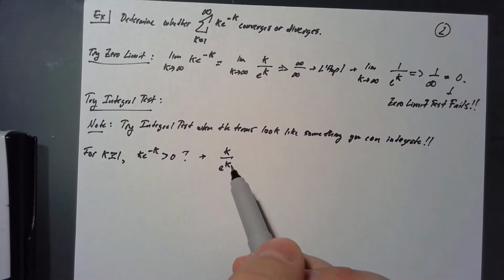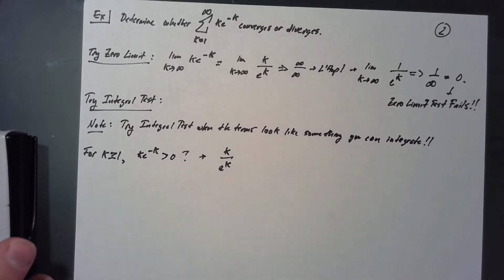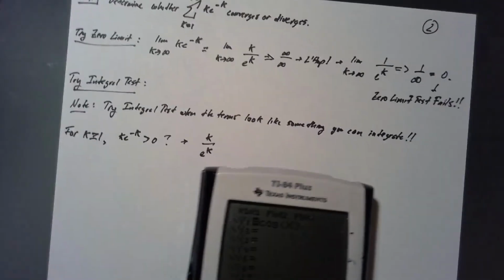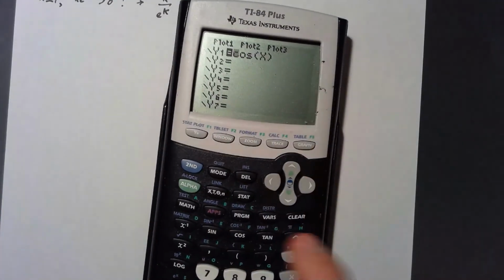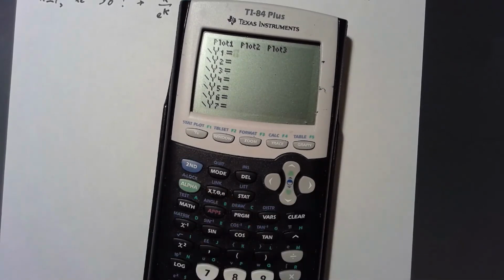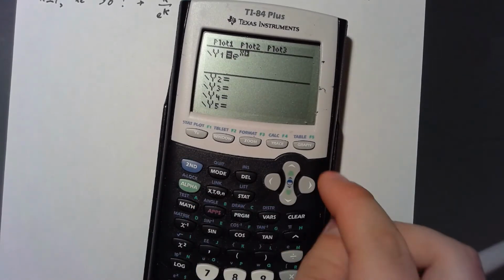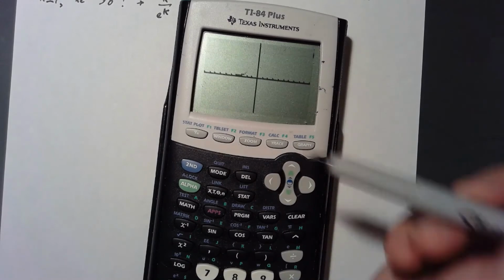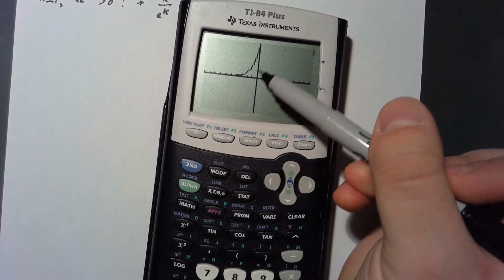And e to the k, an exponential function, is a positive function, right? If you graph e to the x, e to the x is a positive function.